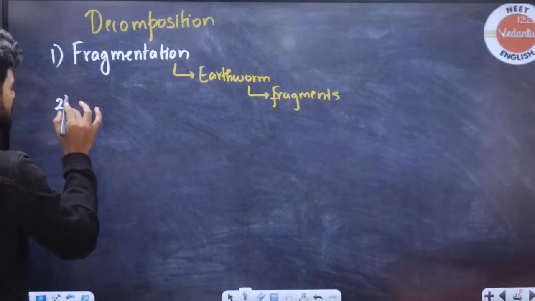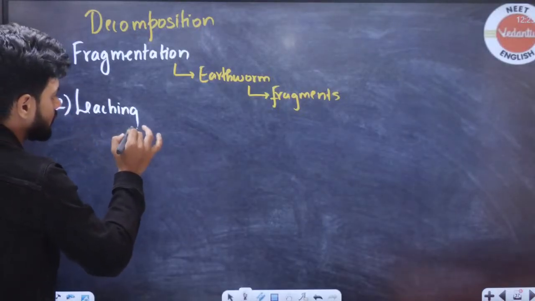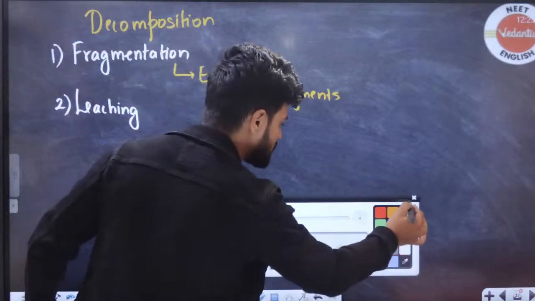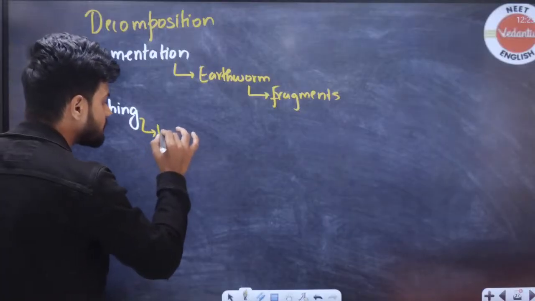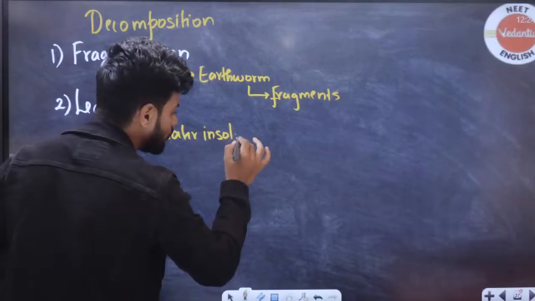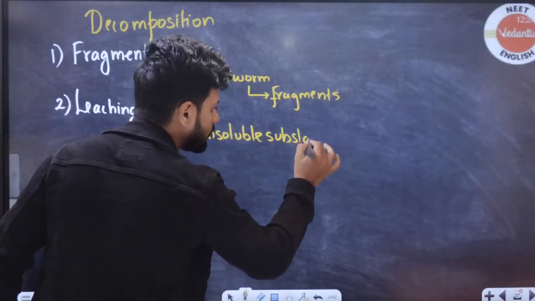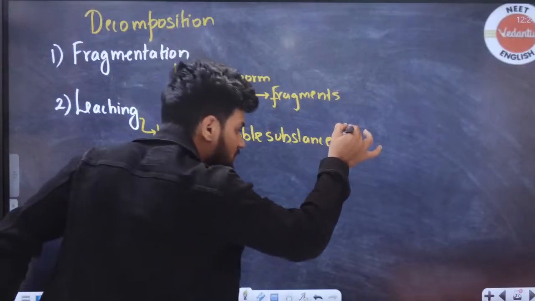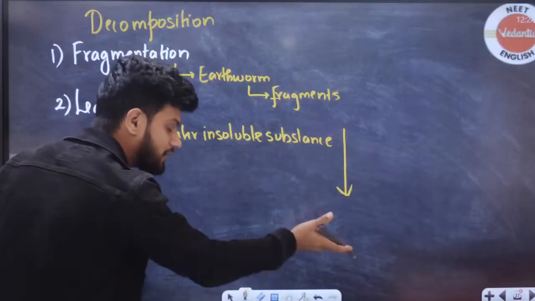The second step is called leaching. Now, what exactly is happening in the case of leaching? Understand, students. In the case of leaching, water insoluble substance is sent down into the earth, underground.